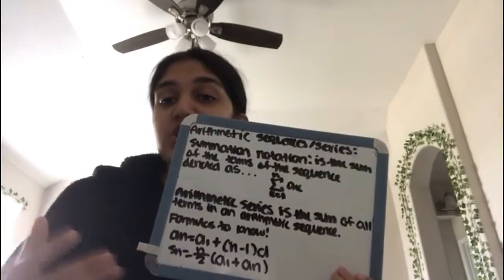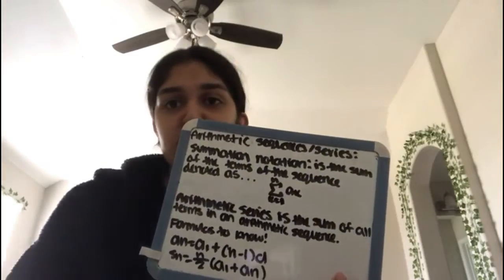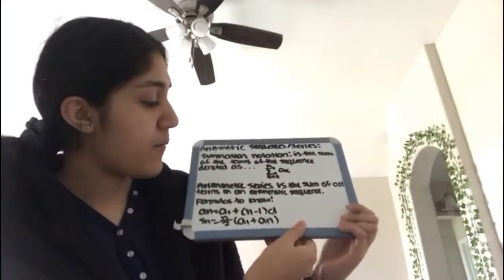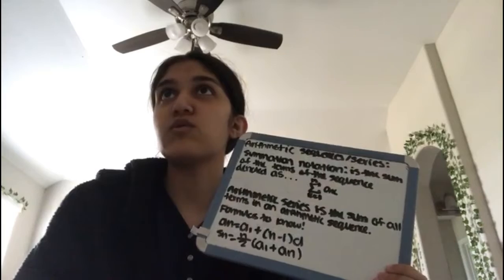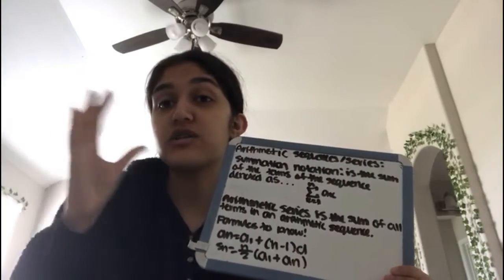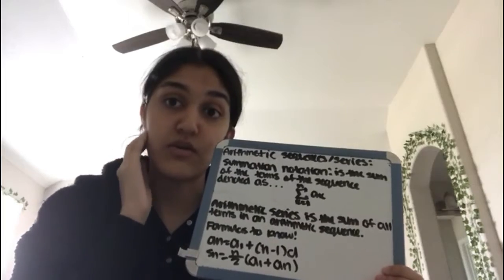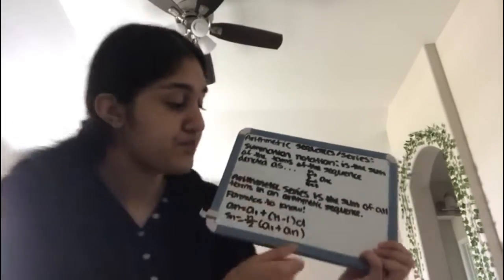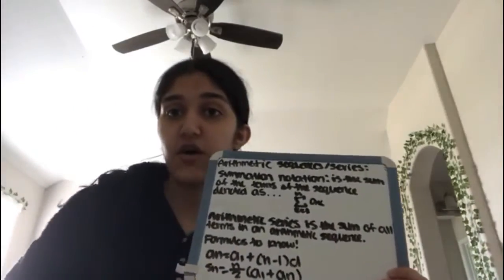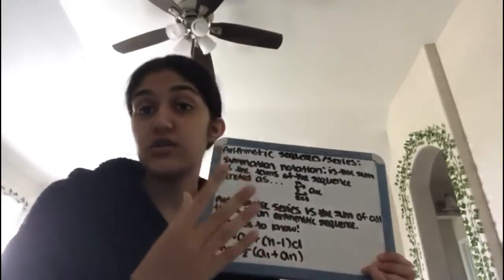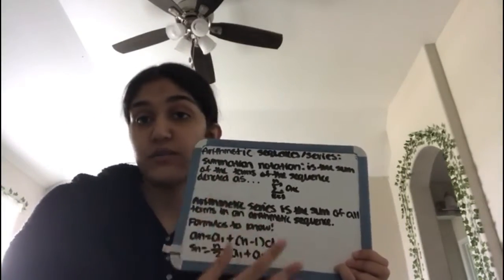The only difference is that in geometric, if you want to find the difference between the terms, you have to divide them, for example making a fraction. You will see when I talk about it later on. But right now, this topic is just about arithmetic.